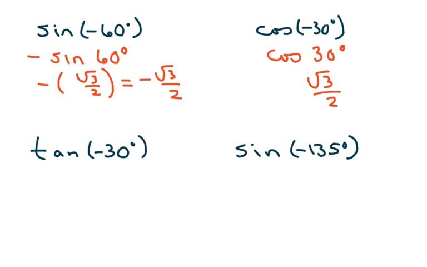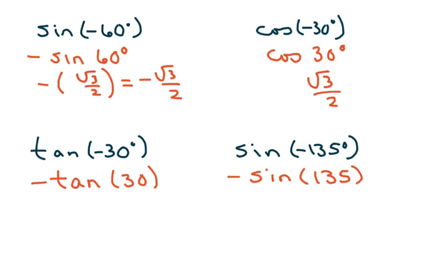Just like I showed you on the previous slide. All right? Now both of these, tan of negative 30 and sine of negative 135, are odd functions. So I'm going to write negative tan of 30. I'm just pulling out the negative. So now I'm not having to go backwards or clockwise on my unit circle. I can just look for what is tan of 30 degrees.